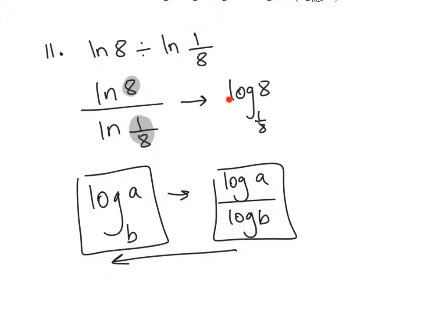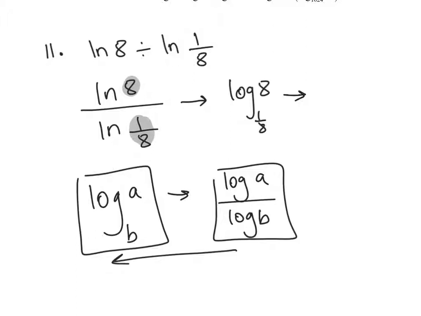So if I want to write it as one log, that's going to be your argument, and the b on the bottom, that's going to be your base. So that's going to be your argument, and the 1 over 8 is going to be your base. Do you understand how I changed it? So I worked my way backwards. Now 1 over 8 is the base, and the argument is 8. 1 over 8 to the power, what would give me 8?